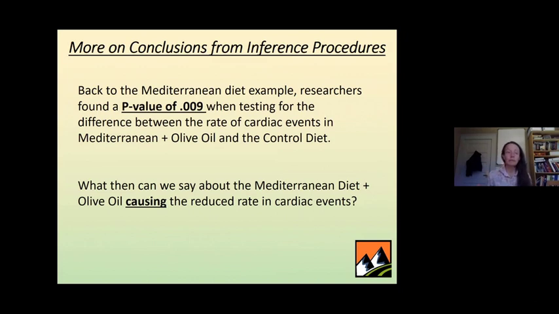So that means that there is a very low chance that the differences they saw could be due to chance alone, that there is potentially a difference between the two in terms of the cardiac events.